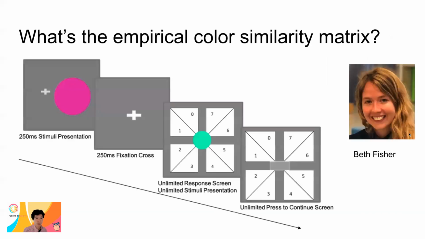Okay, to address this question even at the level of color patches, Beth Fisher in my laboratory studied this empirically. What she did was show a color patch, like here, pink, and then afterwards show another color, green, and ask people how similar the second one is to the first one.